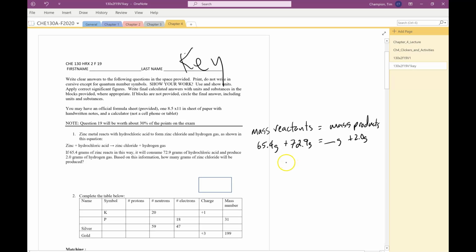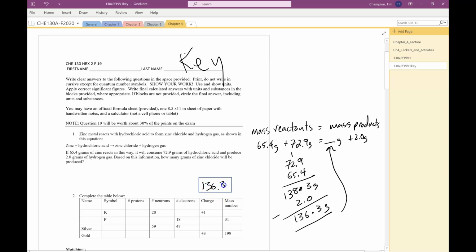So 72.9 plus 65.4, that's going to be 138.3 grams. If I subtract from it the 2 grams there, that's 136.3 grams, and that must be the mass of the missing zinc chloride, so 136.3 grams.